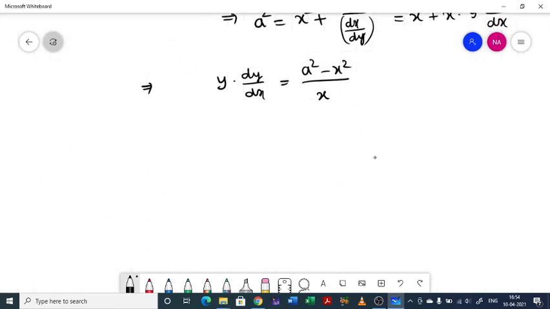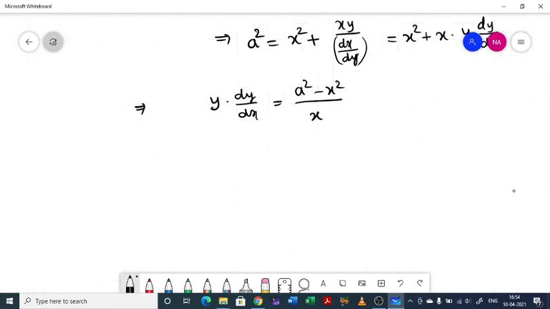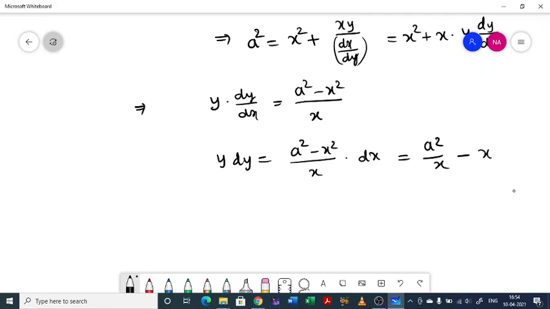Now we need to separate the variables. Okay, y into dy equal to a square minus x square divided by x into dx. If you divide this, it will be a square by x minus x into dx.